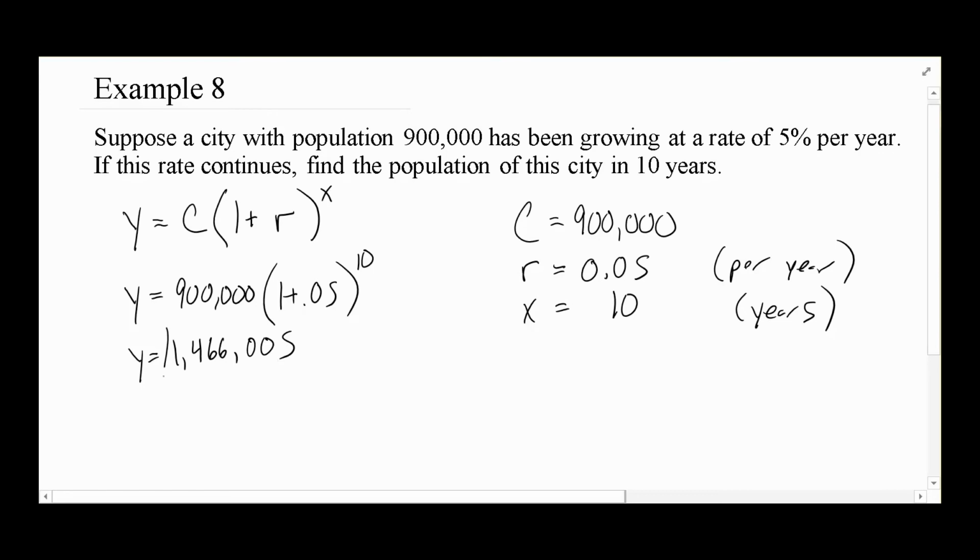So that's how many people we can expect in this city 10 years from now, is 1,466,005. So we start with the generic exponential growth equation. We figure out what values need to be plugged into each of the variables. And then in this case, we just straight up calculate.